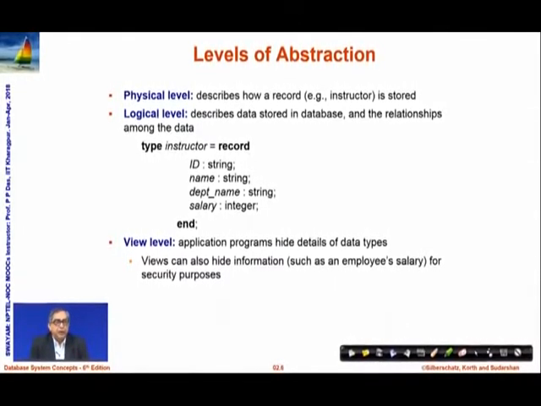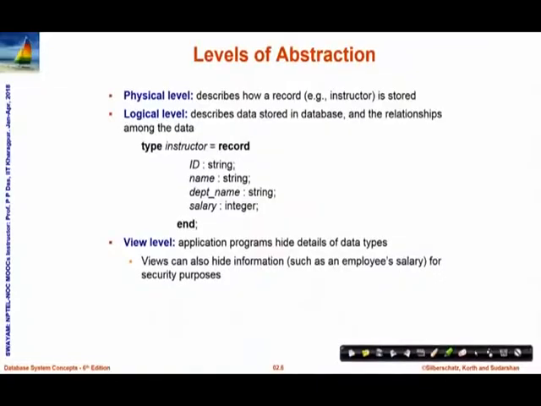So, the view level is a high level of abstraction, where you try to provide the information about the data in terms of what the application and the users of that application need, but you do not actually deal with the details of all the records that the logical level has.